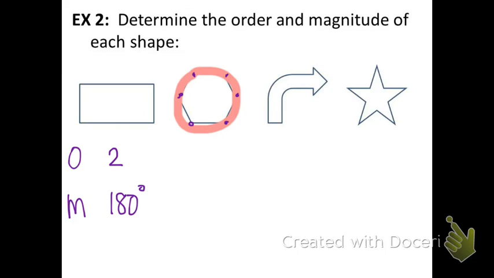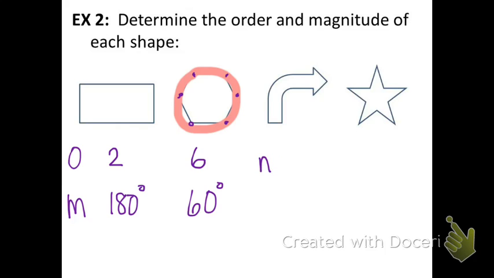Here it would touch it 6 times. Then we would say that it has 6 times that it can rotate within 360 degrees. And then to find that magnitude, we take the 360 divided by 6 to get 60 degrees.